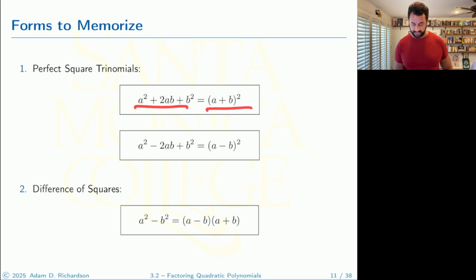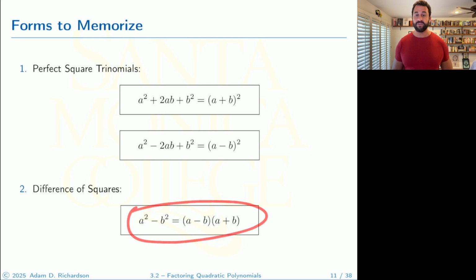We can factor this as this, and we can factor this as this. So you want to train your brain to recognize that you might be able to factor that type of structure. If you don't have them memorized, they're at least somewhat familiar, but please do make sure to memorize them. They're important.